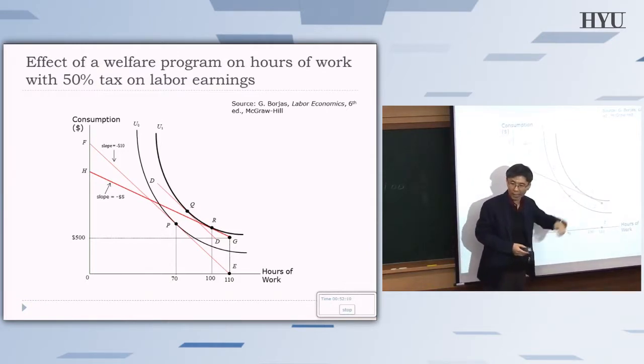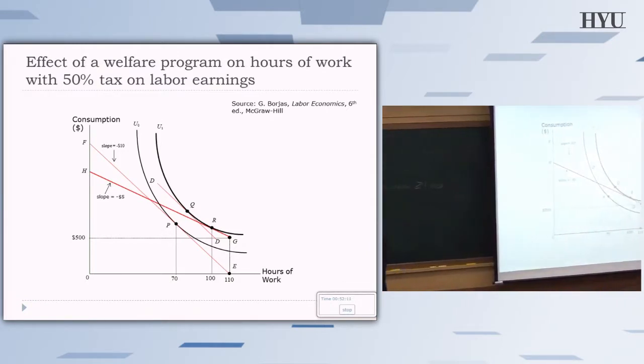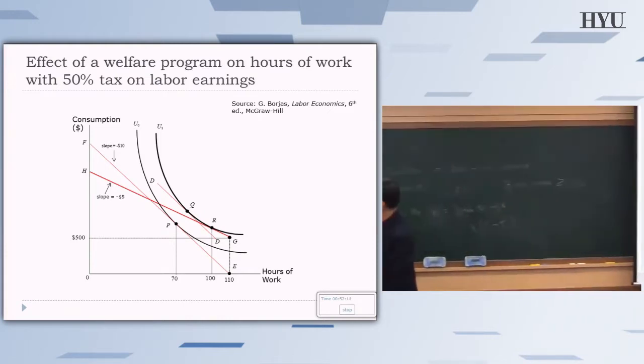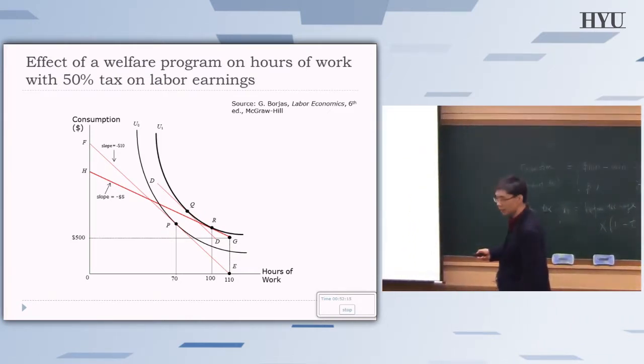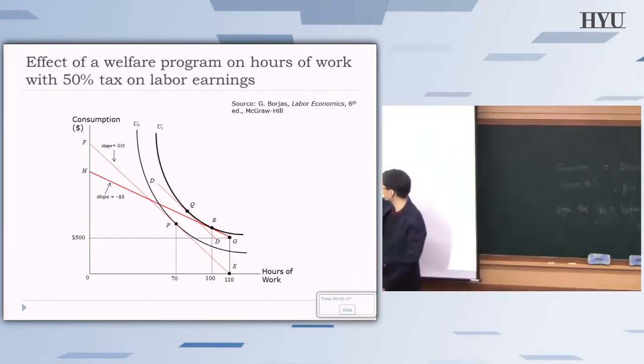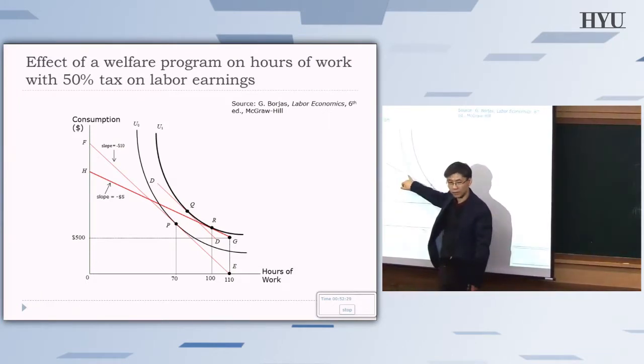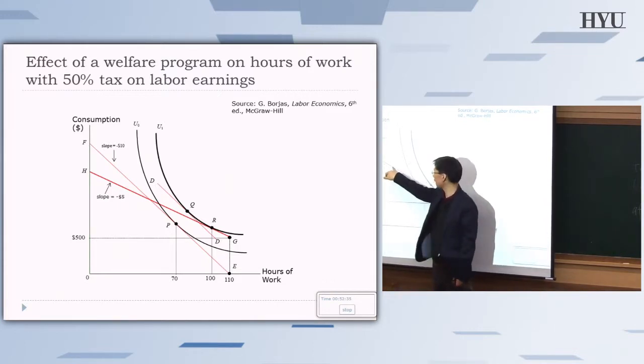So after welfare, her budget line changes from FPE to F, this point, there should be something, G. Get it? Why? Because if the person is earning more than this point, there should be no welfare benefit. The person should not have lower income because of welfare.